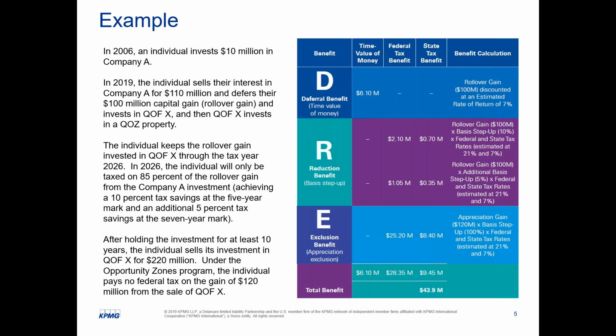Everything that happens in the middle, if you generate operating income, it would be taxed just like operating income of any other vehicle. If you sell something in the middle, you're going to be taxed on that gain in the middle. But you must keep the original contributions that you made invested. So you've got to keep that program going for the full 10 years.